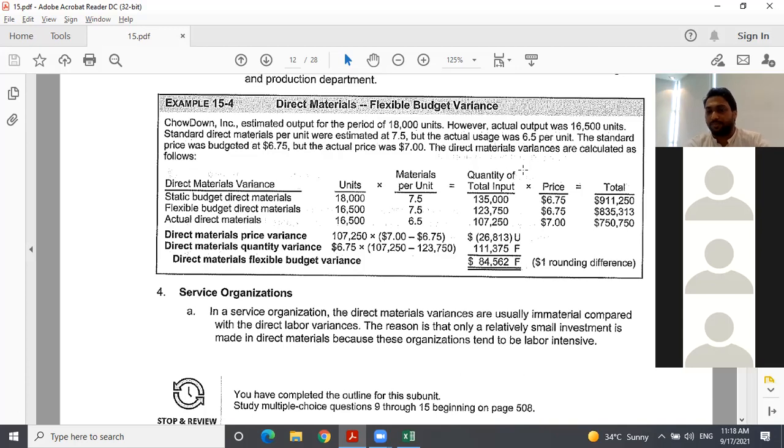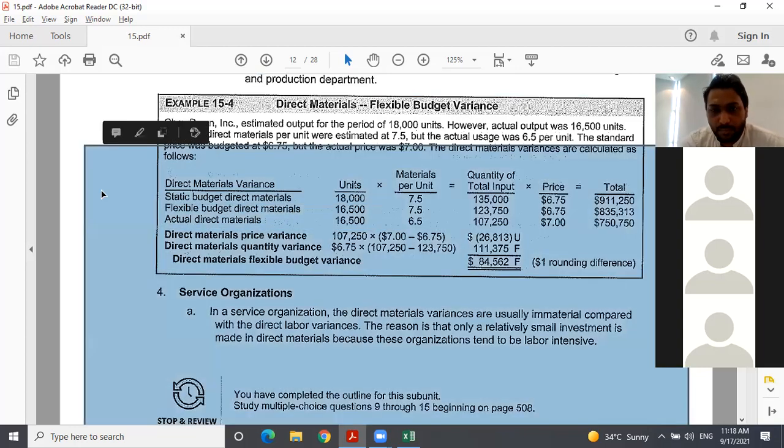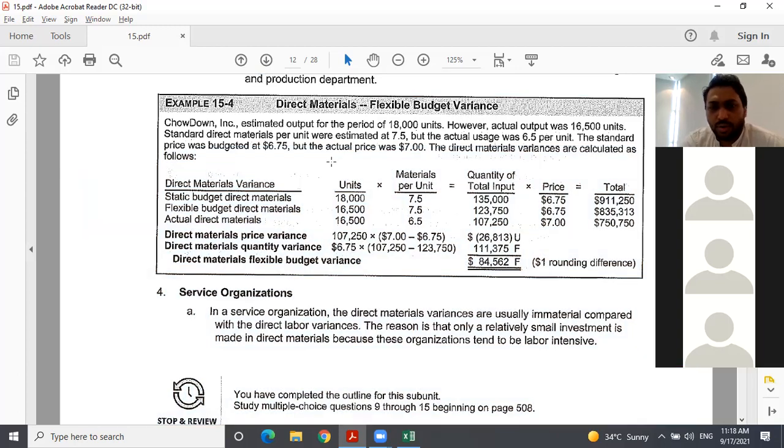So how will you do it? You have the static budget materials, 18,000, and you have the flexible budget. Here you will consider your actual output as your flexible budget also. Then, coming to the price variance: units into materials per unit, standard quantity into standard price.